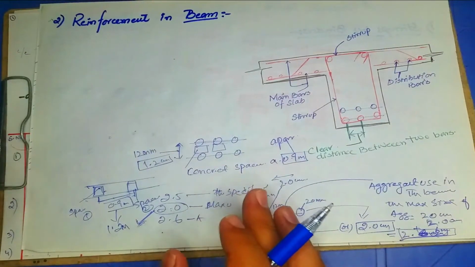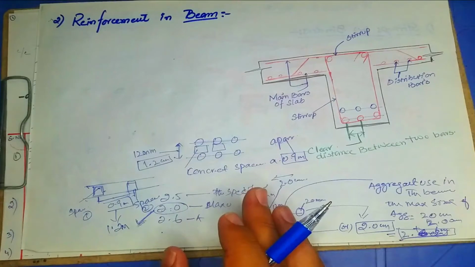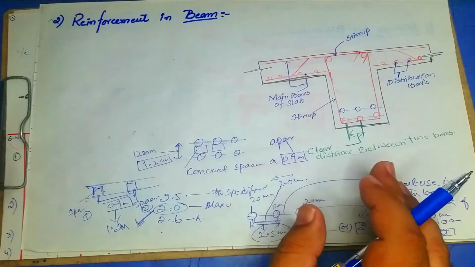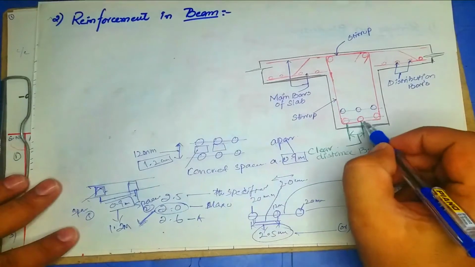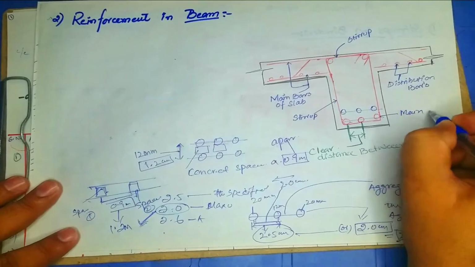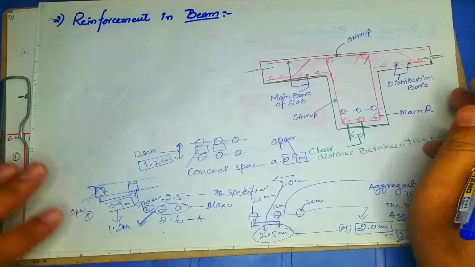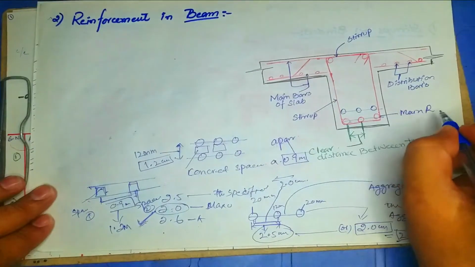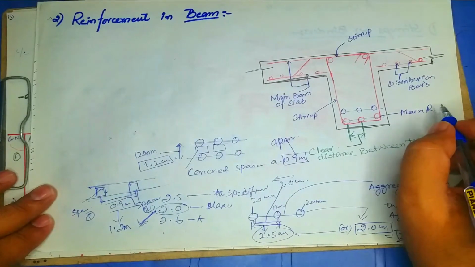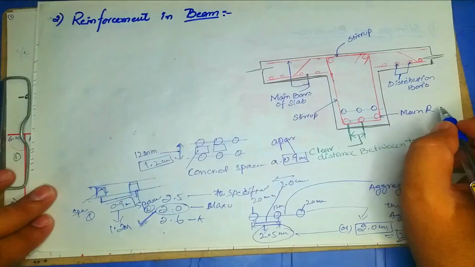The main reinforcement bar in the beam should not be less than 6 mm. These three bars are the main reinforcement, which is commonly used in the tension zone for resisting the tensile force.